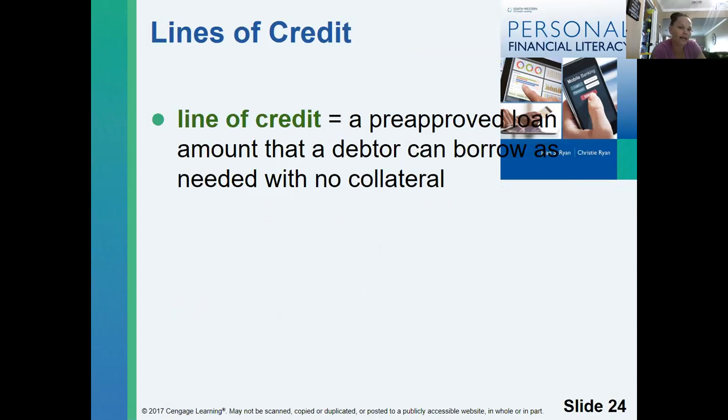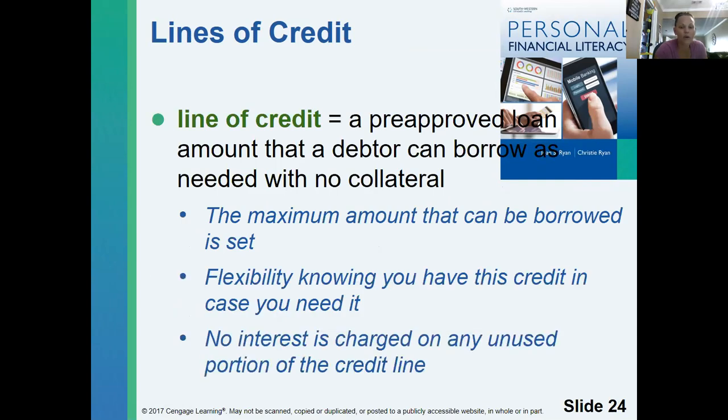So a line of credit is different. It is a pre-approved loan amount that a debtor can borrow as needed with no collateral. So the maximum amount that can be borrowed is set. So maybe you're pre-approved for $10,000. There's flexibility knowing that you have this credit in case you need it, and no interest is charged on any unused portion of the credit line.